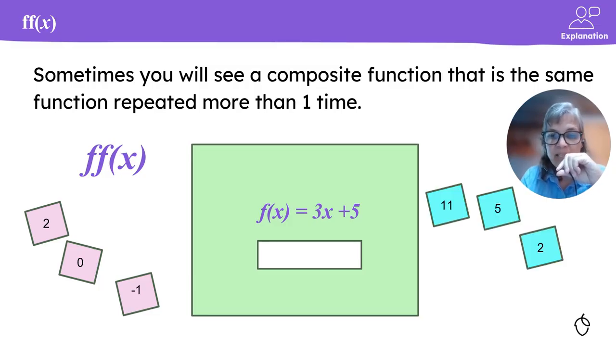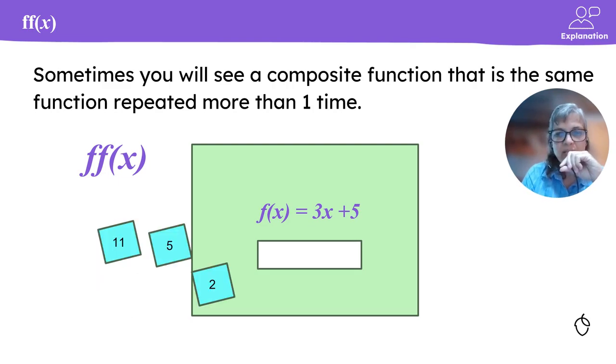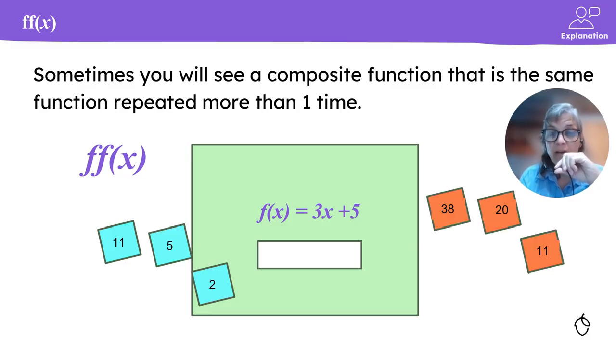If you ran these values through, you'd get 2, 5, 11. Then if you ran those original results back through the same function again, and you took 2 times 3 plus 5, you'd get 11. 5 times 3 plus 5, you'd get 20. And 11 times 3 plus 5, you'd get 38.